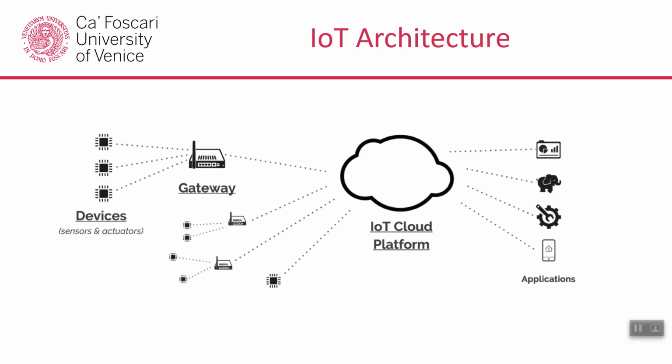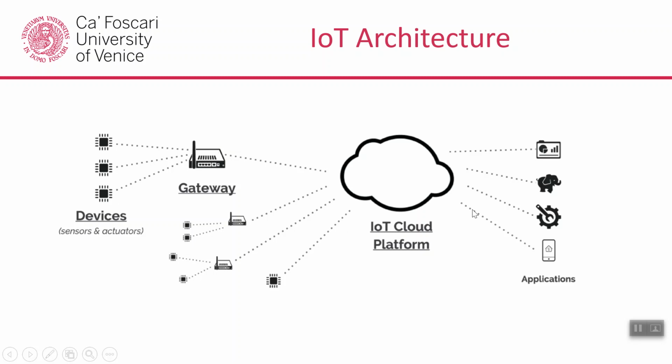So we have devices, usually with embedded sensors and actuators, so with embedded software managing the device and interacting with the physical world exactly through sensors that read the status of the physical world and actuators that change the physical world outside there. Usually the devices are locally connected through a gateway, like, I don't know, a Wi-Fi router or these kind of things. And the gateway also is the gate in order to be connected to the internet, to cloud platforms around.